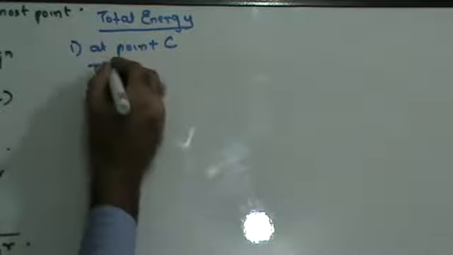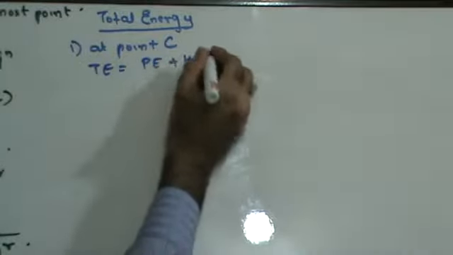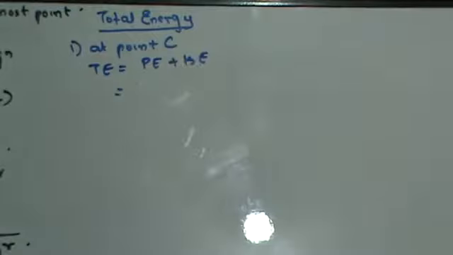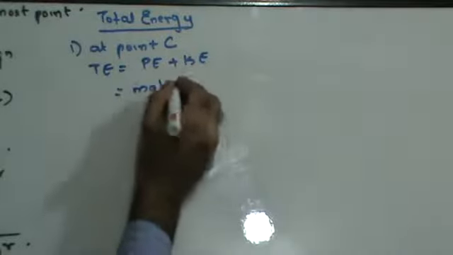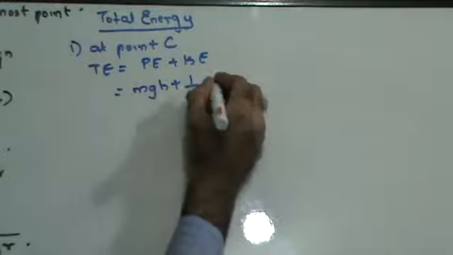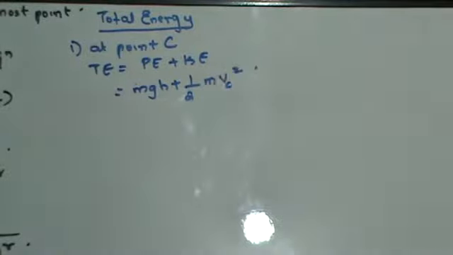Therefore I can say that total energy is potential energy plus kinetic energy. Now potential energy at point C is nothing but mgh. Kinetic energy is half mv square, at point C that means vC square. But velocity at point C is nothing but square root of gr.